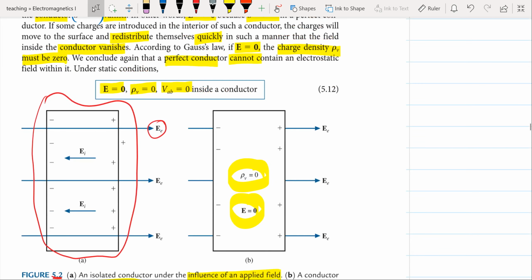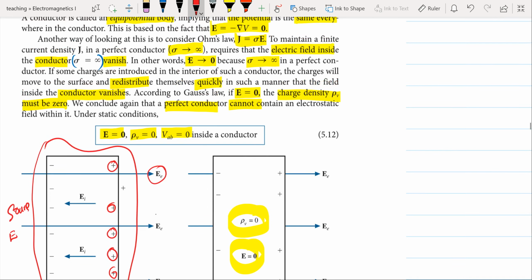And as you can see, we have positive charges being pushed along the surface far away from the source of the field E. So they are pushed away from one side of the conductor.